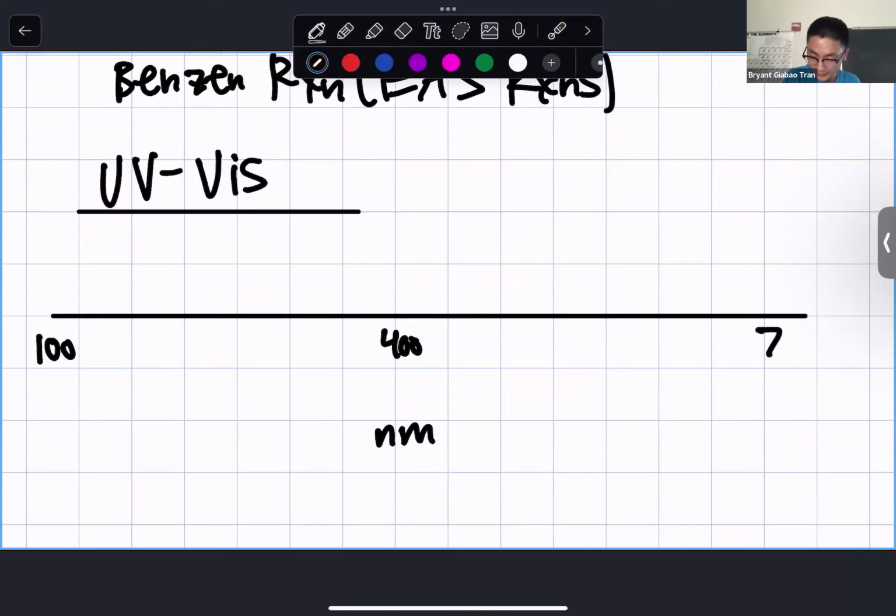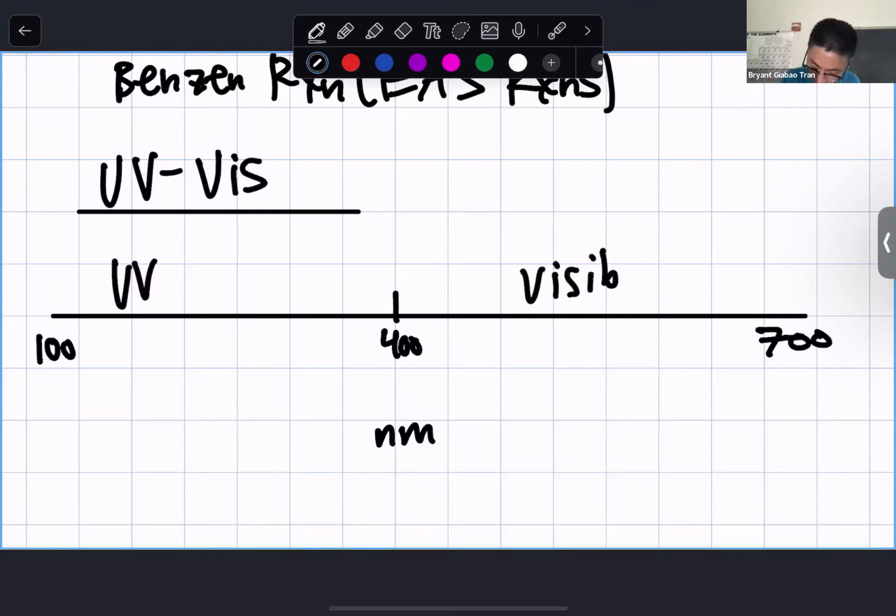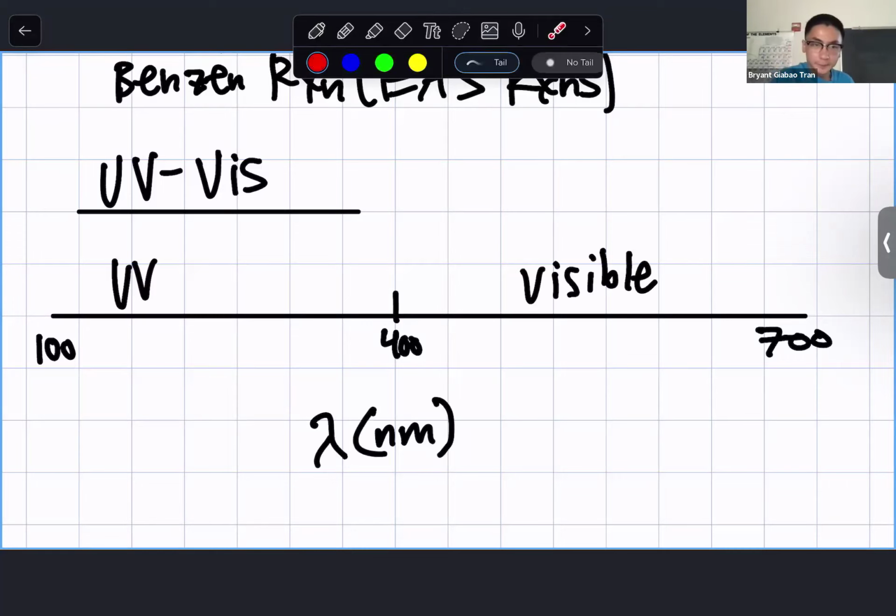The visible light is going to be between 400 and 700 nanometers. So let's mark that there. This is UV, and this is visible light, where this is going to be wavelength in units of nanometers. Okay.